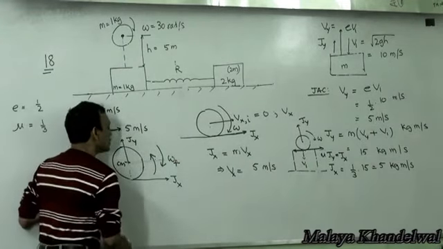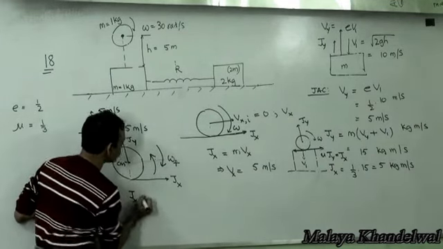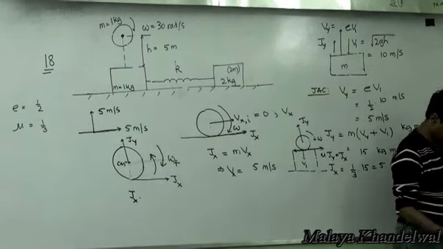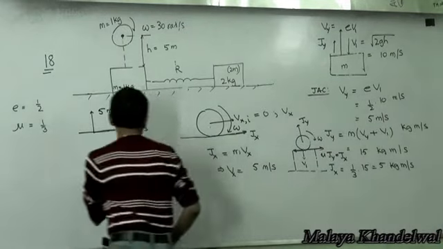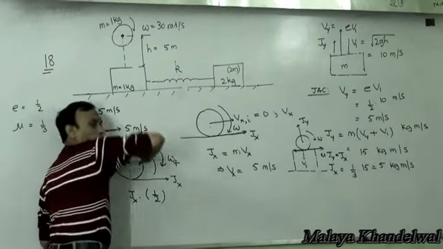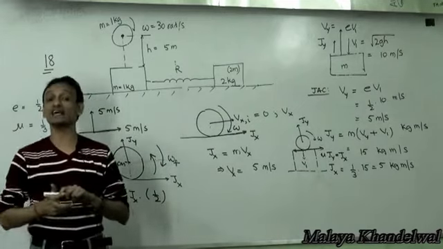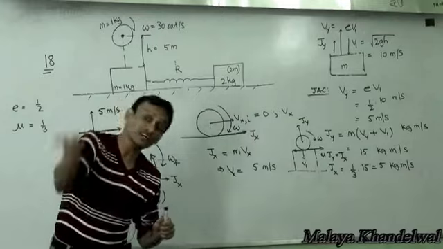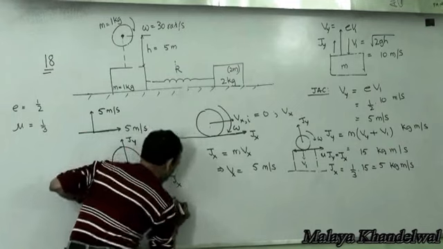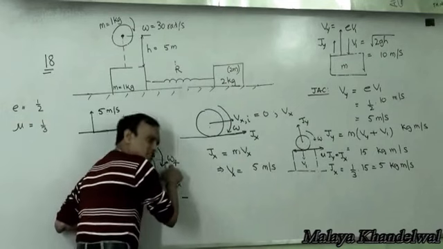Clear? Now, what's the angular impulse about the center of mass? Jx into, what's the radius of this? 50 centimeters. So the angular impulse about the center of mass would be jx into half a meter, and that's anticlockwise. So the angular impulse in the anticlockwise sense would be the final anticlockwise angular momentum minus the initial. The final would be minus I omega f, where I is 2/5 mr squared.